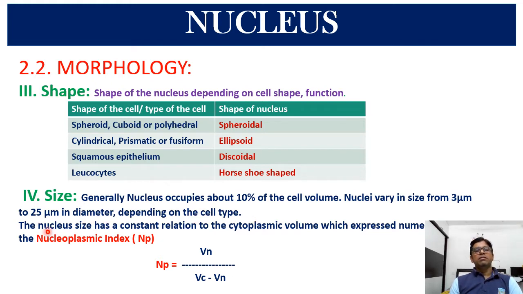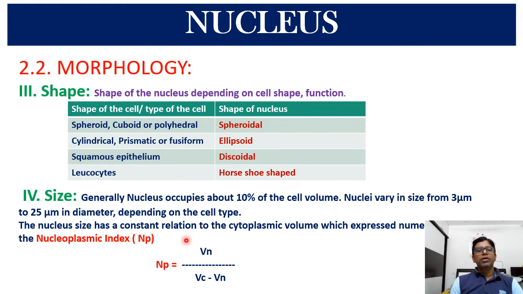The nucleus size has a constant relation to the cytoplasmic volume, which is known as the nucleoplasmic index, or NP.